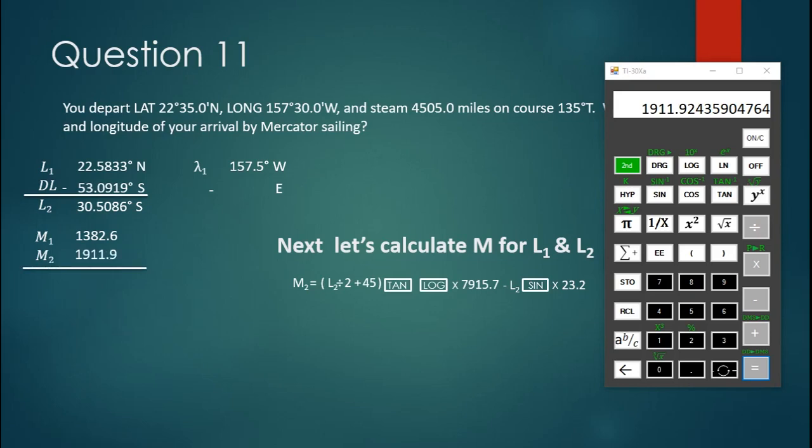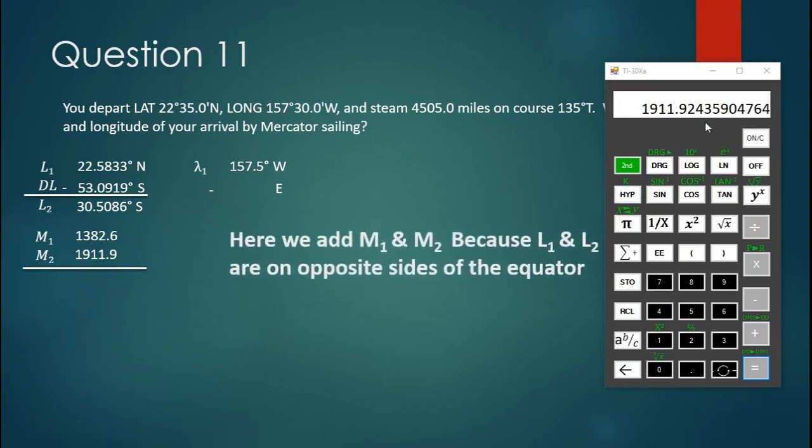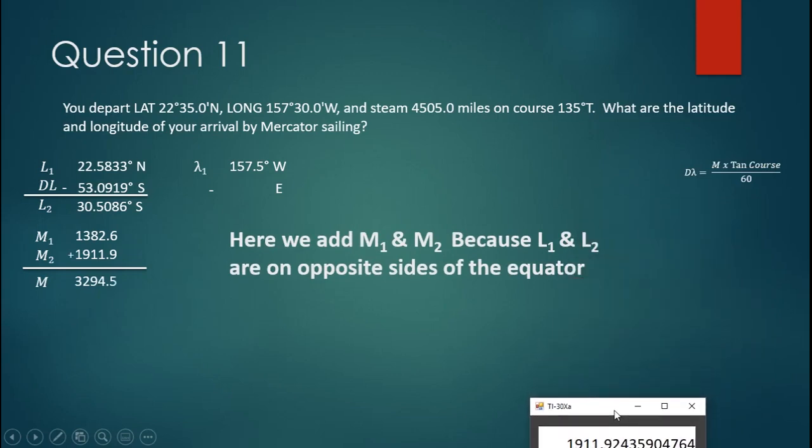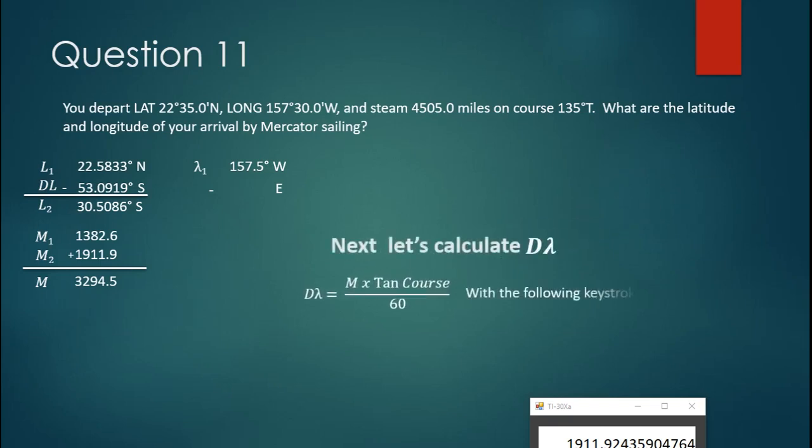And because L1 and L2 are on opposite sides of the equator, we're going to add these. And we'll come up with 3294.5 for M. Now that we have M, we can calculate our d lambda.